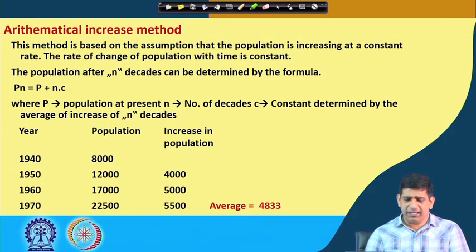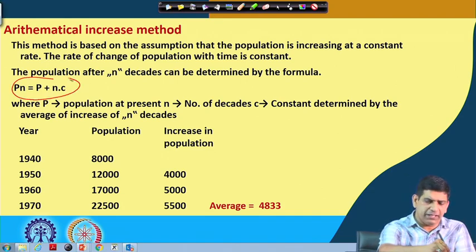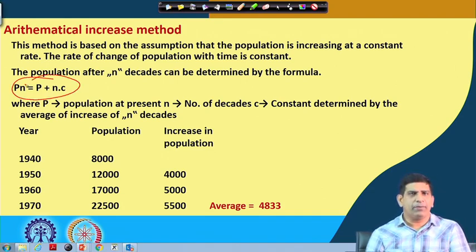A simple equation is used for that: Pn is equal to P plus n times C, where P is your population at present, n is the number of decades, and C is the constant determined by the average increase per decade.